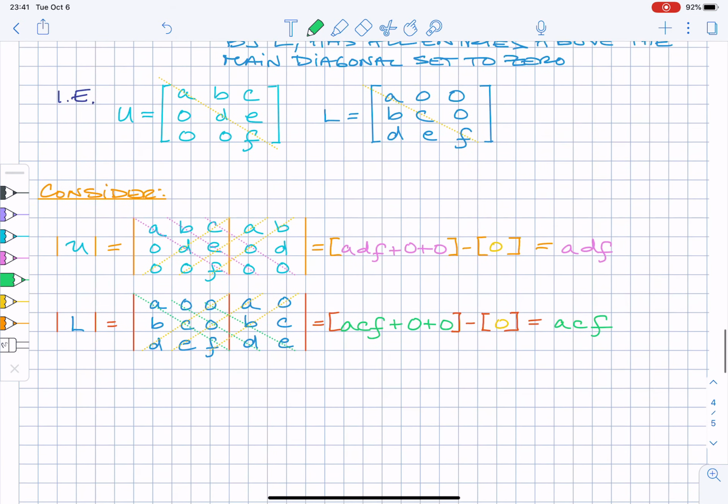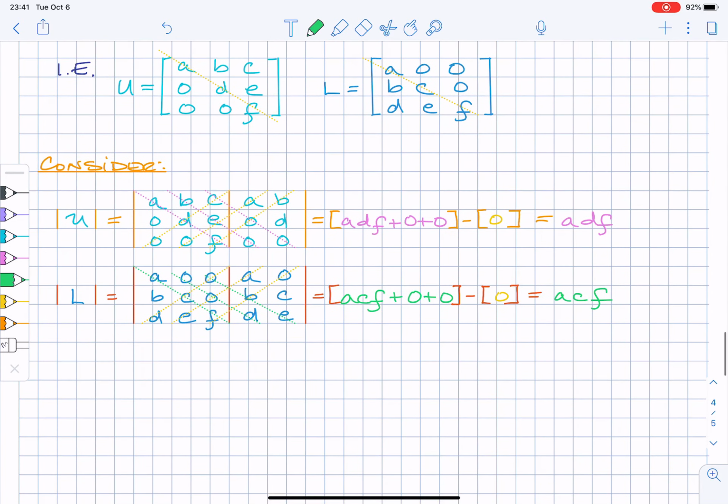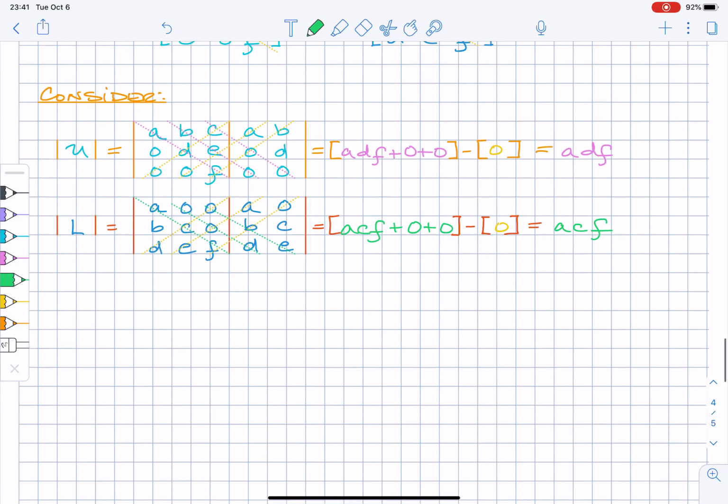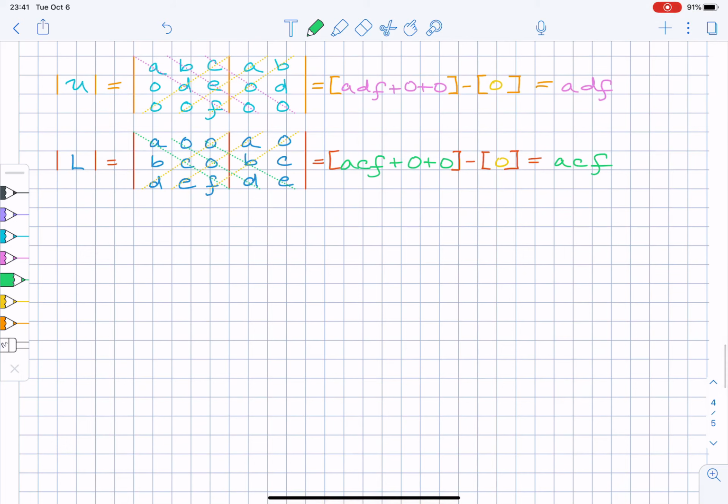Okay. Well, what's interesting about that, those are the main diagonal entries, right? So note. The determinant of an upper triangular matrix is the product, capital Pi, as my index counts from the first to the nth of E sub index index.